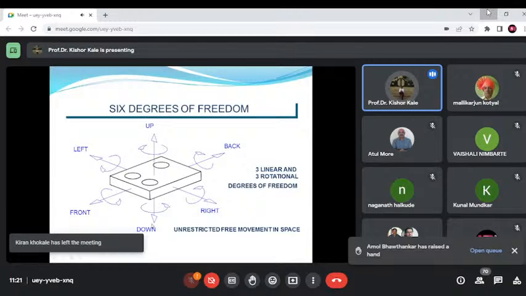Optical means light, photography I would say. Just take a photograph and check the variation. This can be used up to a certain extent. But the problem with optical is that it has some error. So when we go to close tolerances, it cannot be used. That is the drawback of optical 3D scanners.